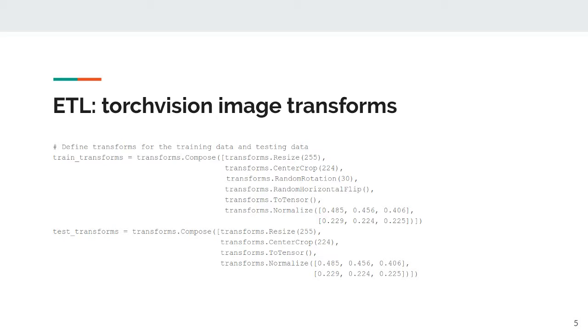Let's take a look at the train transform. The first thing I do is resize every image to a particular size. So I am resizing them to squares of 255 width and height. This is done because your images might come in different sizes.